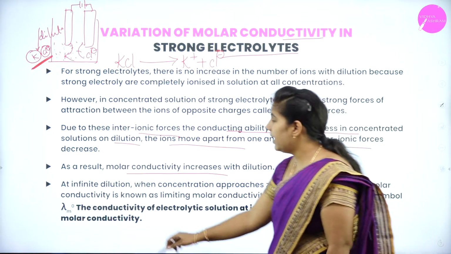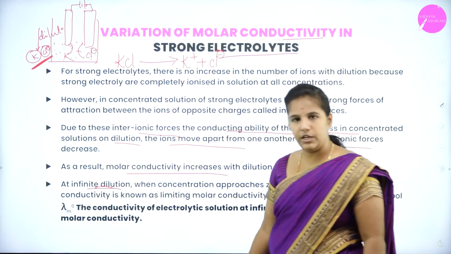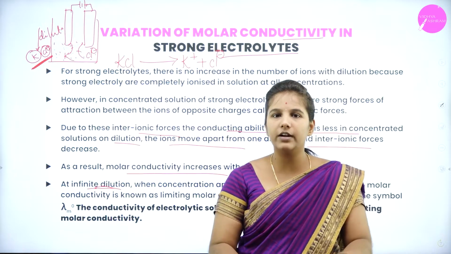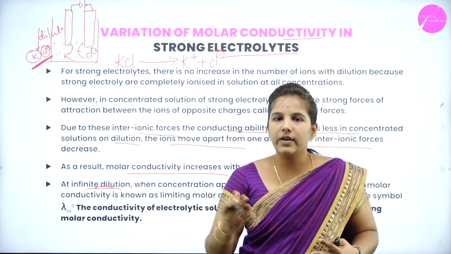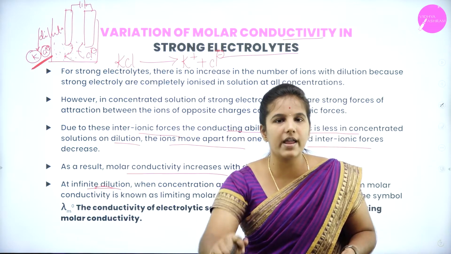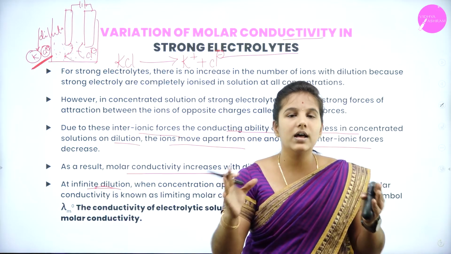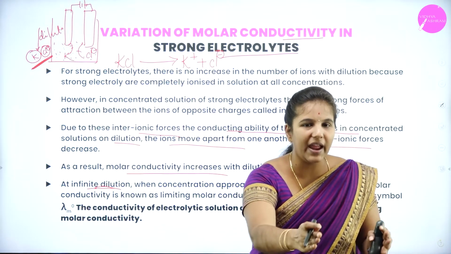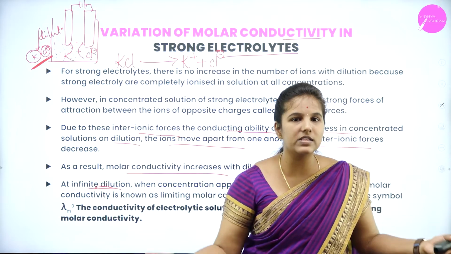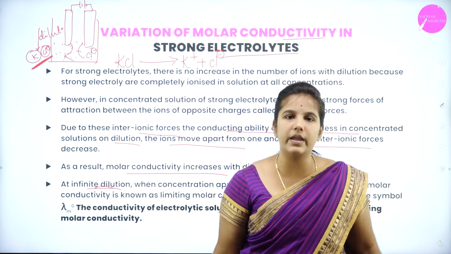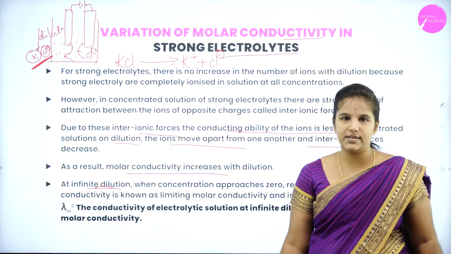But remember, we need to know what happens to the strong electrolyte at infinite dilution. When the dilution increases, conductivity increases with the strong electrolyte. Why? Because the strong interionic interaction will break, and this breakage is responsible for the formation of free ions, and these free ions will easily conduct electricity.